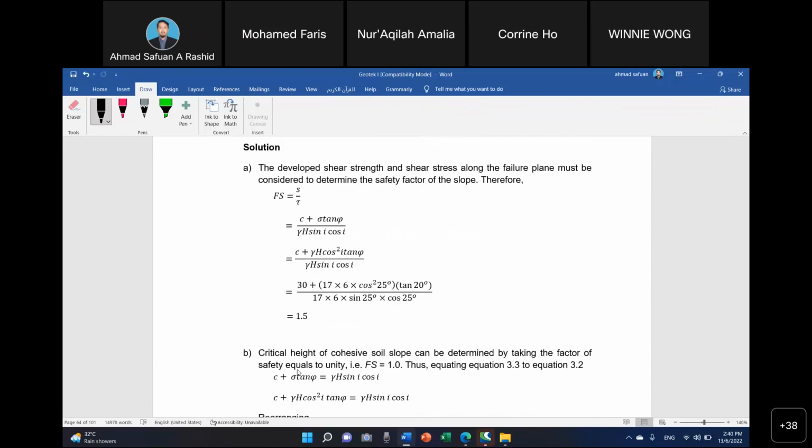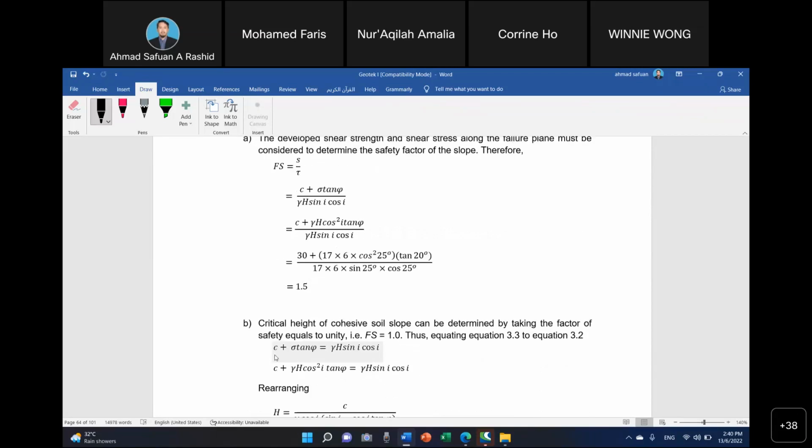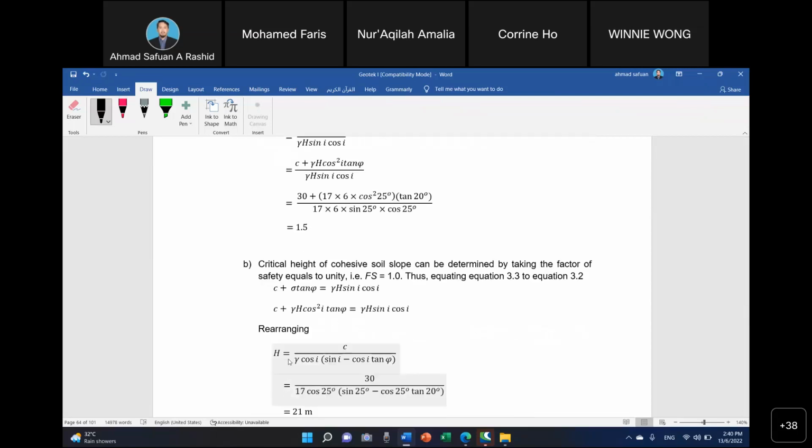Then we look at the B. Critical height of cohesive soil can be determined by taking the factor safety equal to unity, which is factor safety equal to 1. Thus equating equation 3.3 to equation 3.2 will become like this. Then rearranging, we obtain, put the H on the left while the rest on the right.